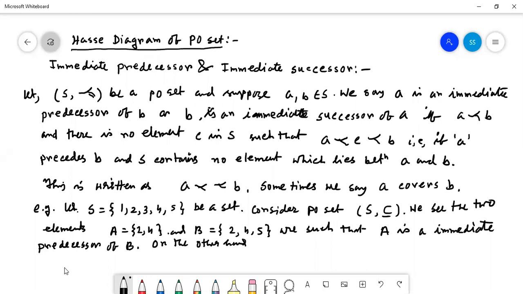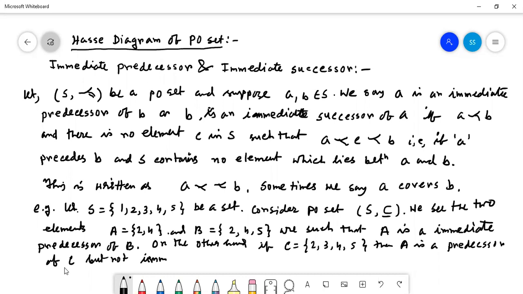On the other hand, if we take another set C equal to {2, 3, 4, 5}, then A is a subset of C, but not immediate, because A is a subset of B and B is a subset of C. C is the main superset.